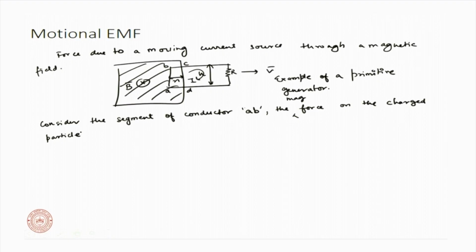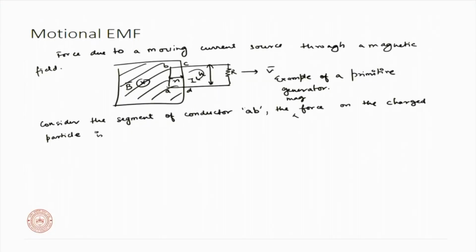So, B is in this direction, the downward direction in the plane, and you are pulling it to the right. Right. So, you have a v cross B, then using your right hand thumb rule, your velocity is this way and you are curling this way. So, your force is in the upward direction. Right. So, the force on the charged particle is upwards, and equals Q into v into B, and the direction is perpendicular to both v and B, that is the cross product v cross B. So, this is your force that is acting on the particles in the loop.